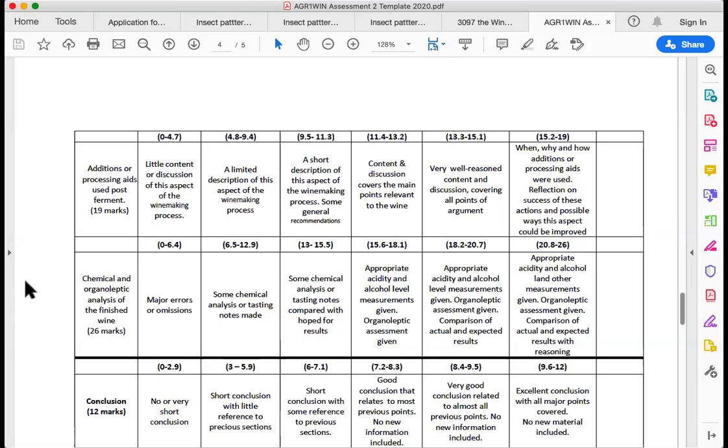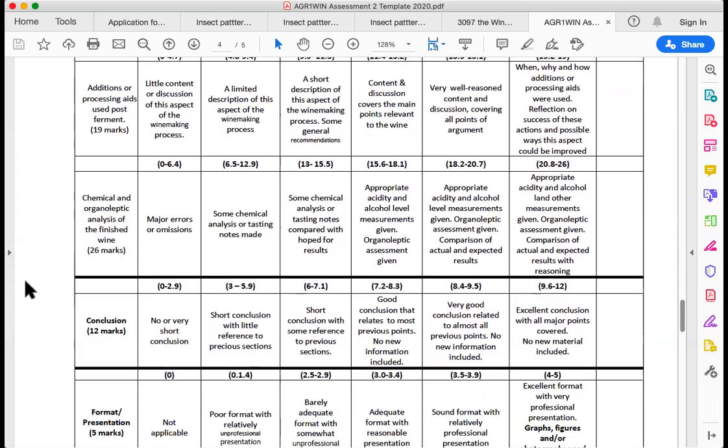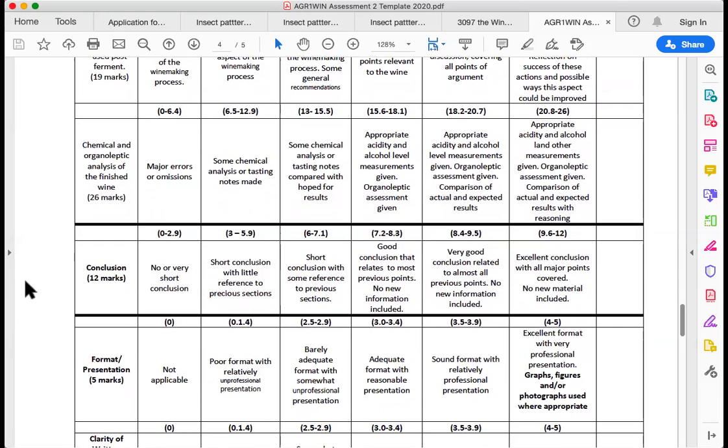Okay, moving on then. So the conclusion, what we're looking to do here again is, we're not introducing any new material, and we're reflecting upon the process and picking out the key points. So what defined the wine that you made?